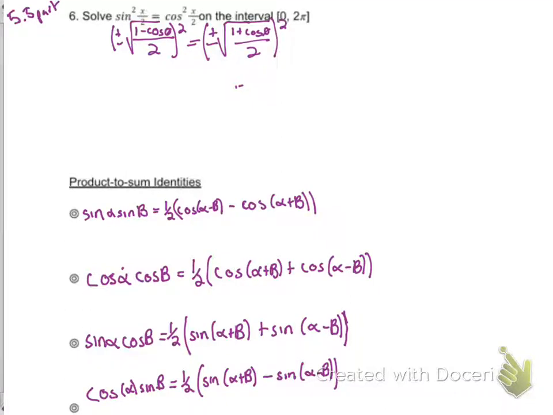Again, these are squared, so you don't need the plus or minus. When we square each side, it's going to be positive anyway, and it takes away the square root. So we have 1 minus cosine theta over 2 equals 1 plus cosine theta over 2.